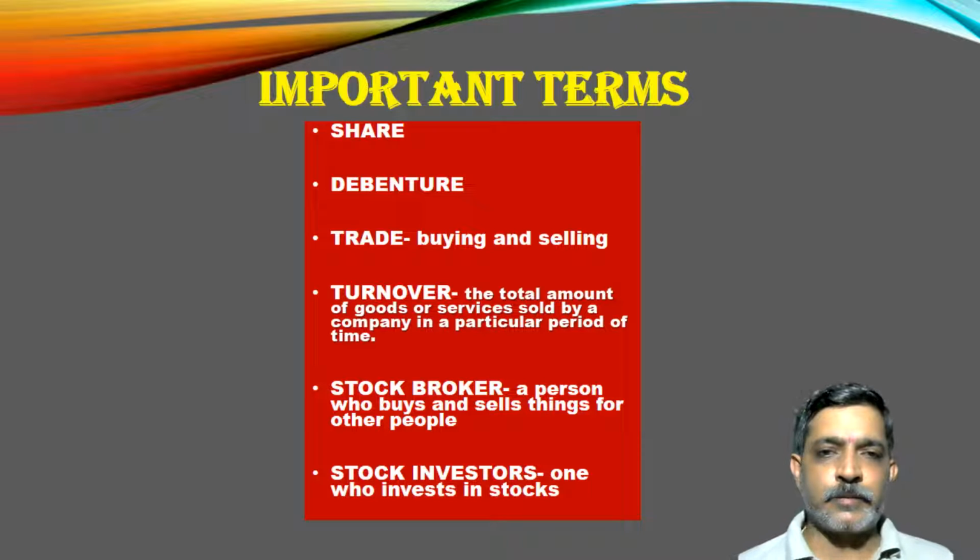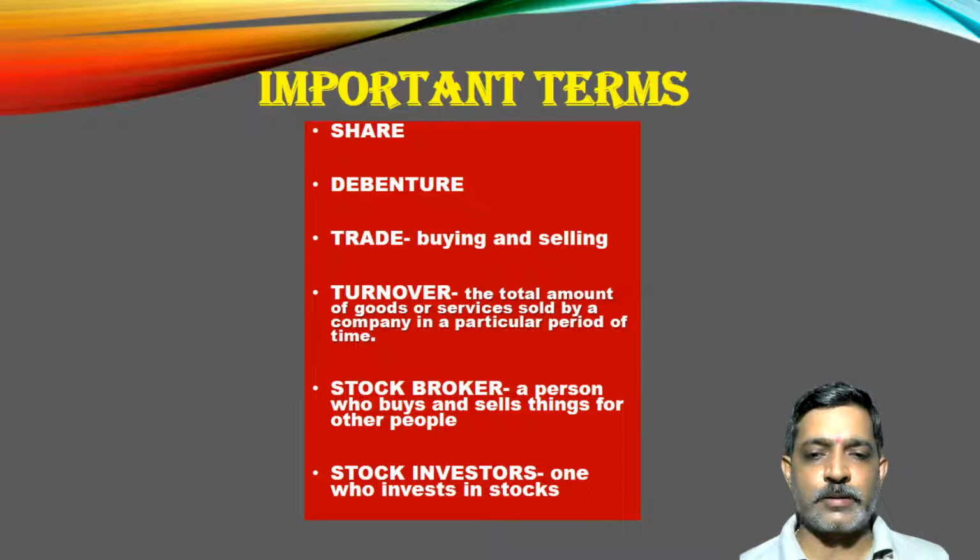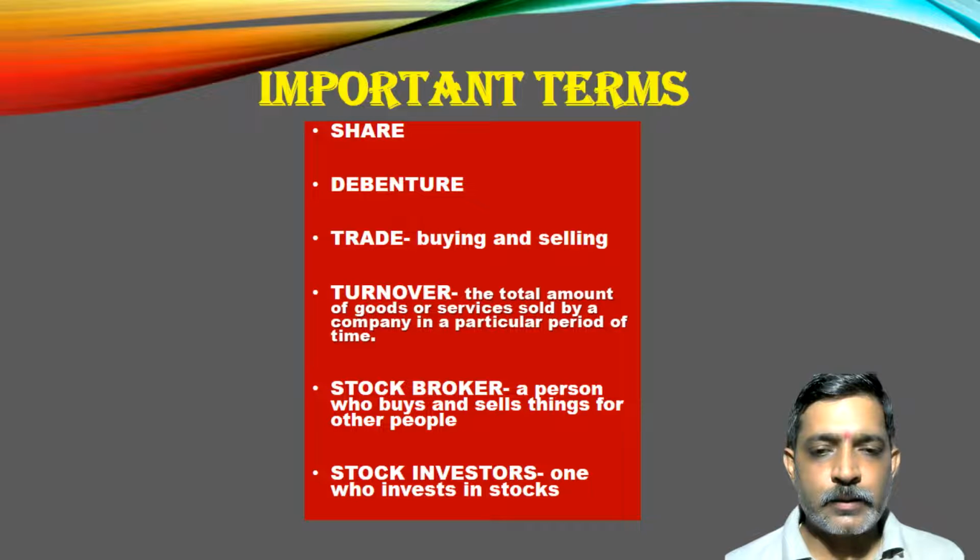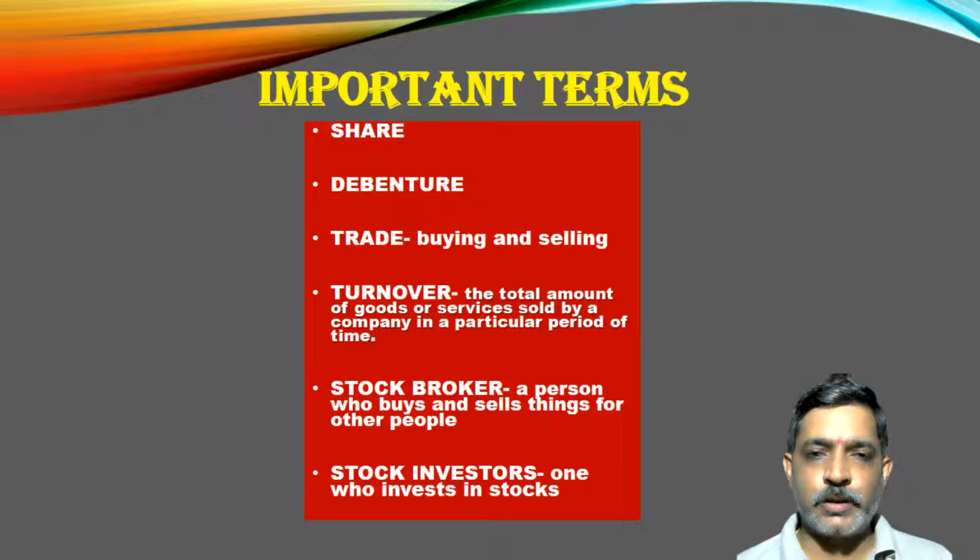Another important term to learn here is stock investor. A stock investor is a person who invests in stocks. So these important terms you all need to know for covering this unit on financial literacy.